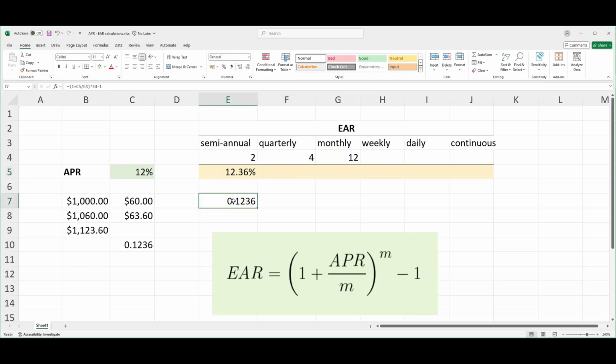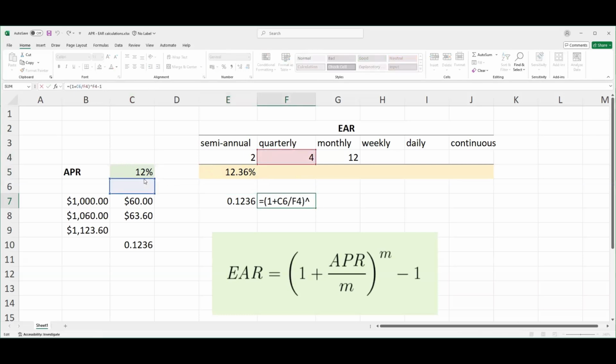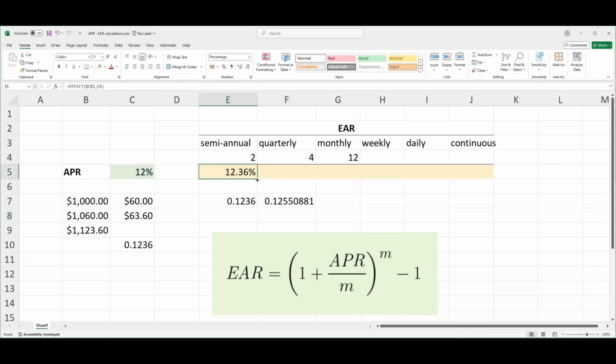I could also quickly calculate it here using the formula, making sure the correct cells are selected. The answer should be 12.55% based on the formula, and again, using the EFFECT function, I've got the same result. Monthly compounding: again, I should see an increase. With monthly compounding, the effective rate increases to 12.68%.